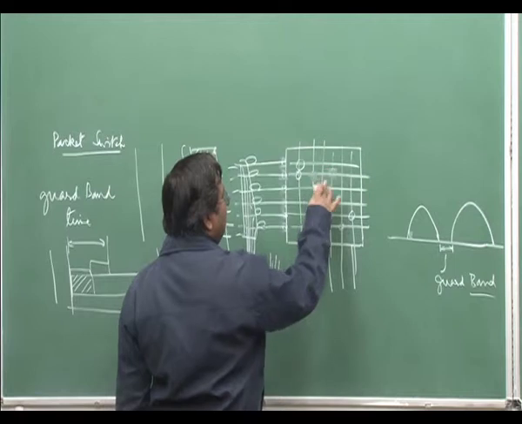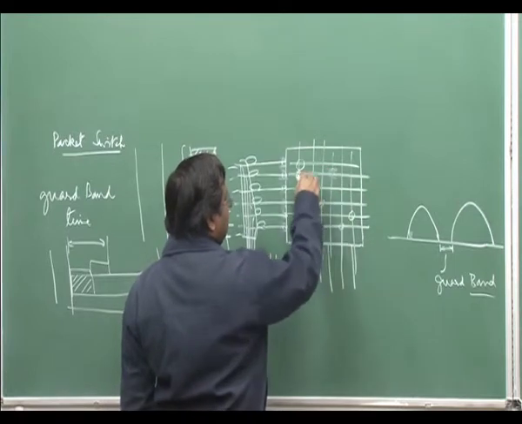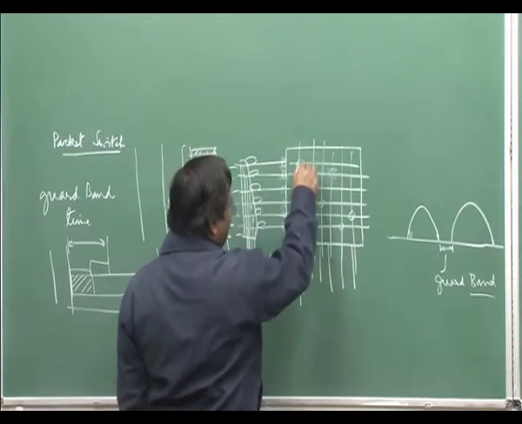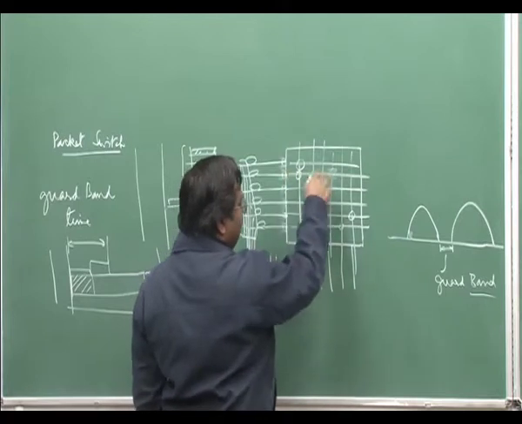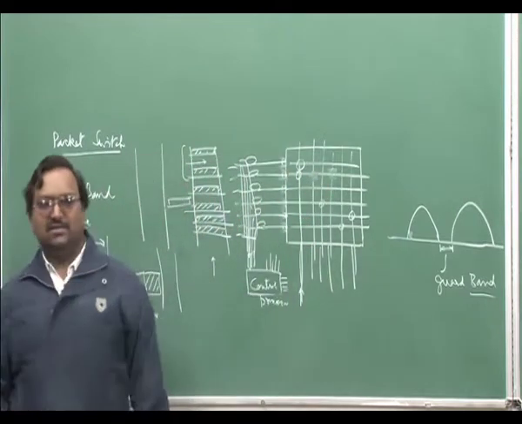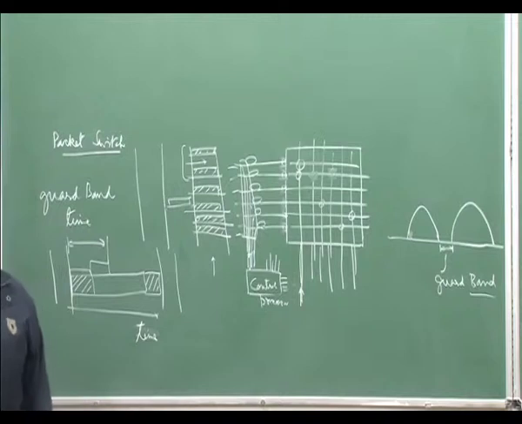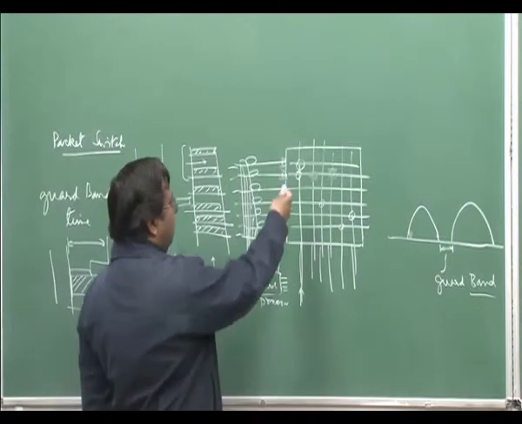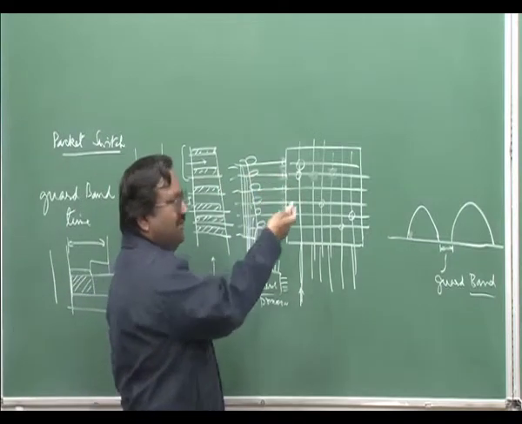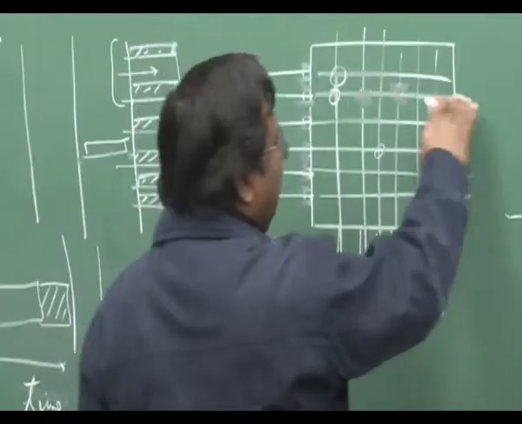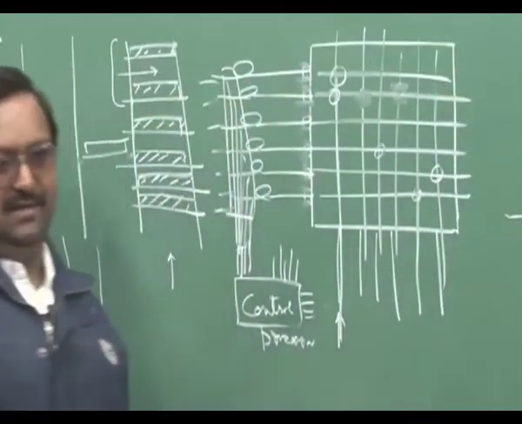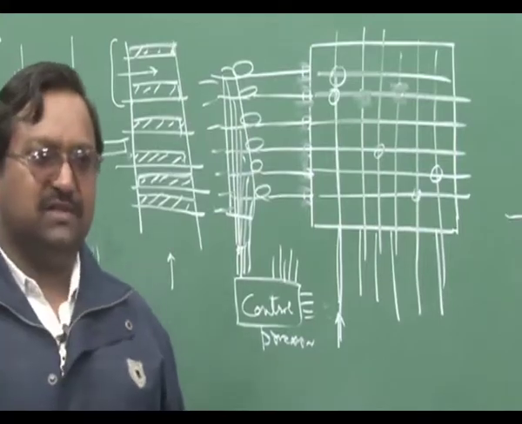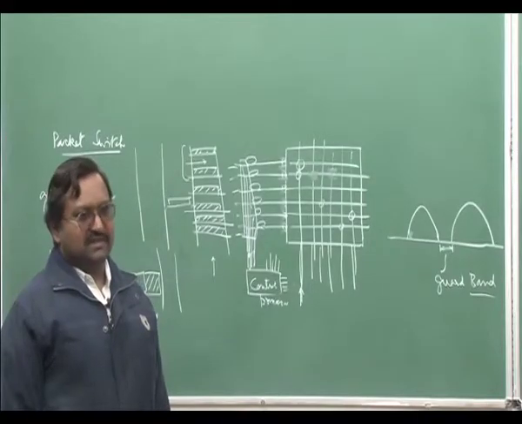Since this cannot be done, only one packet will be allowed to go through. The second one has to be sent to the blank one, or you do not activate that cross point. So the second one will be read out, but it will not be going anywhere; it will remain on this line and die out. It cannot pass through the switch, it is lost. So, that could be one strategy.